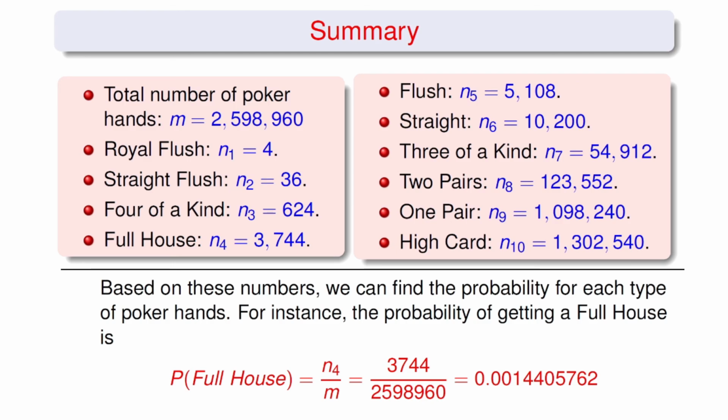For instance, the probability of getting a full house equals the number of full houses N4 over the total number of poker hands M. As we can see, it's 0.00144056762. It's a pretty low probability. So that's why full house is ranked relatively high.